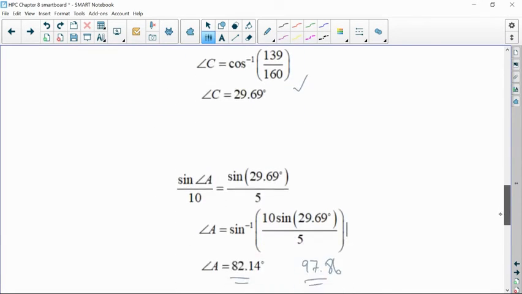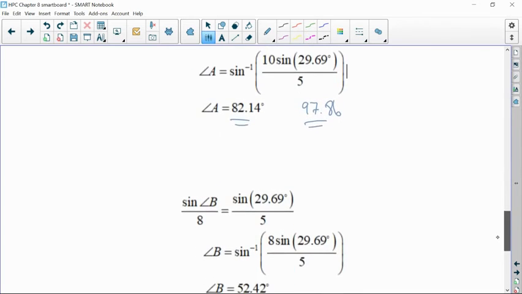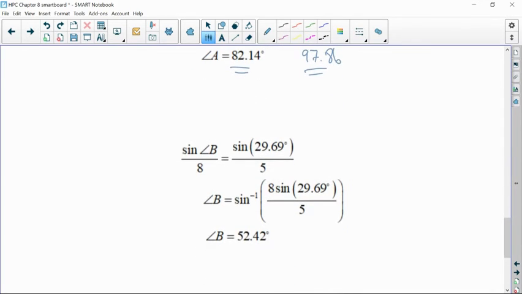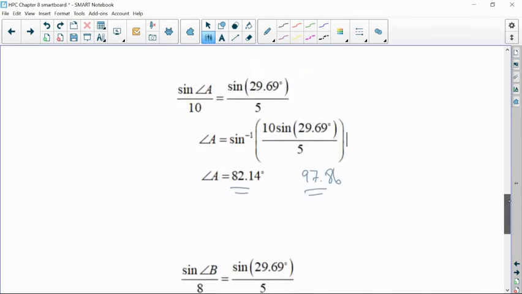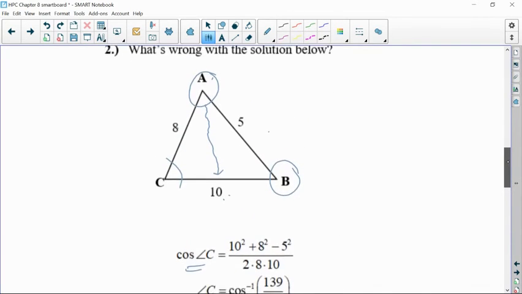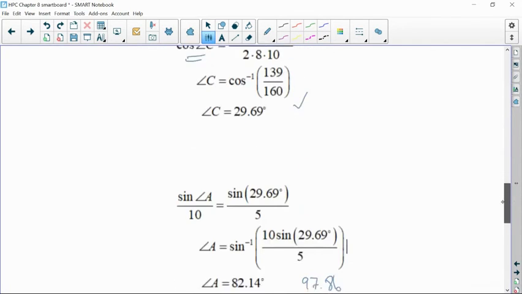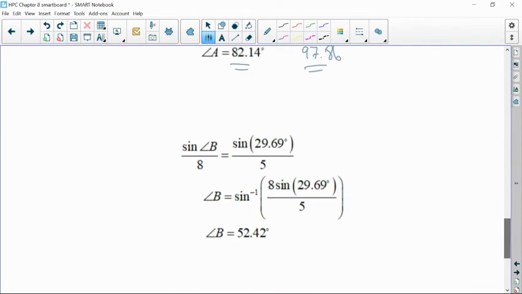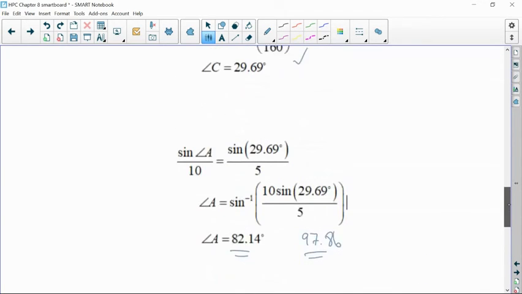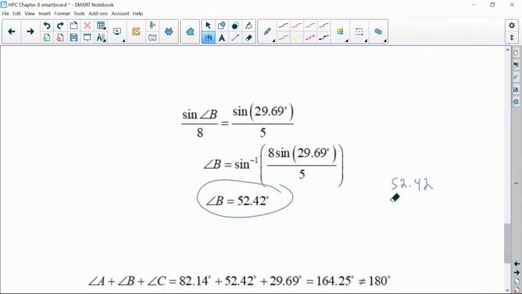So what I should have done is solve for angle B first. When you solve for angle B first, you know it's guaranteed to be an acute angle, because opposite B is the second smallest side. If you would have done that first, you got this is right, 52.42. So you have your 52.42 and you have your 29.69. And now you know 2 of the 3 angles.